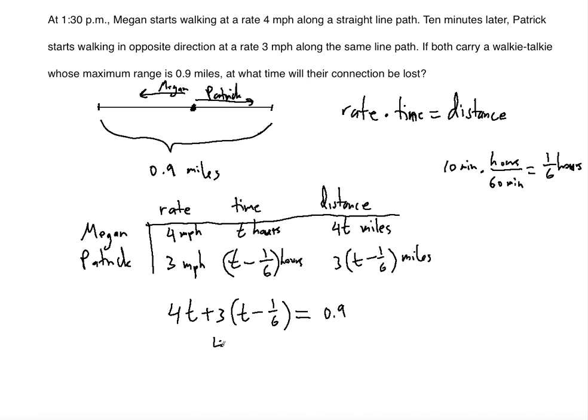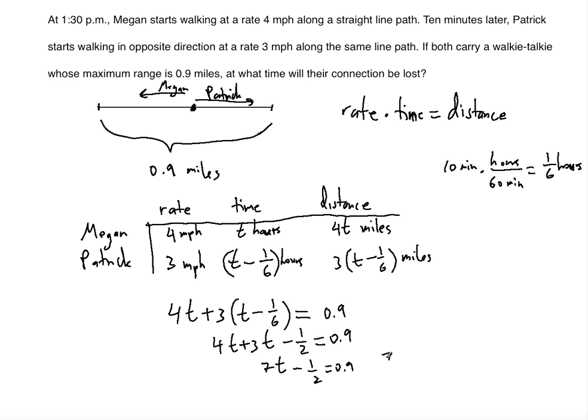We have to solve for t in order to find the time when their connection will be lost, which means they will have reached the maximum range of the walkie-talkie. So now solving for t, we get 4t plus 3t minus 3 times 1/6. So that's 1/2, if we simplify it, is going to be equal to 0.9. So now, combining like terms, 7t minus 1/2 is equal to 0.9.